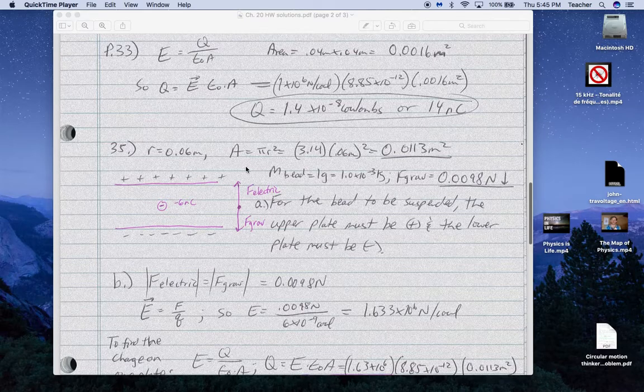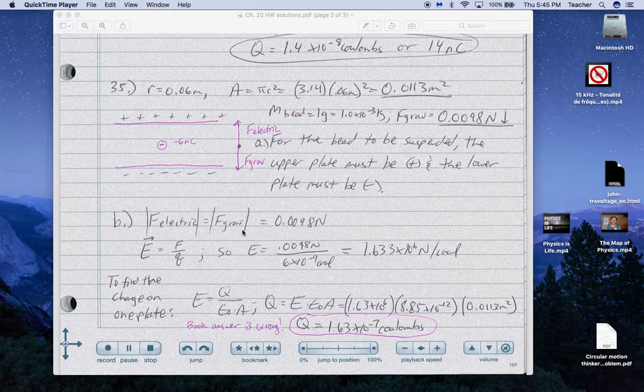35 we went over in class. I think the key thing there is thinking about the balance of forces. The electric force and gravitational force need to equal each other. So the gravitational force I can find from the mass, which was 1 gram. And for the bee to be suspended, the upper plate had to be positive, lower plate negative.